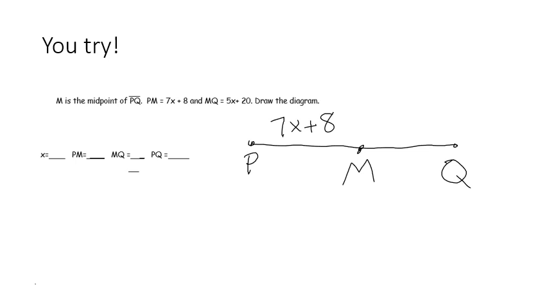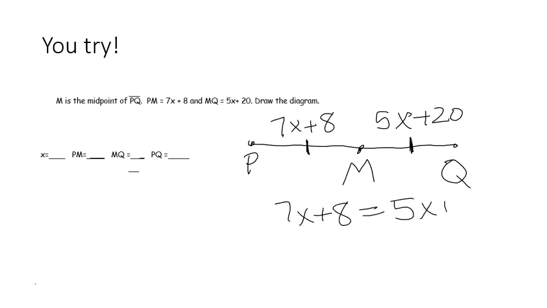Now, it says that PM is 7x plus 8, and MQ is 5x plus 20. And remember, M is the midpoint. So these 2 pieces are the same length. So they're equal. We set them equal.